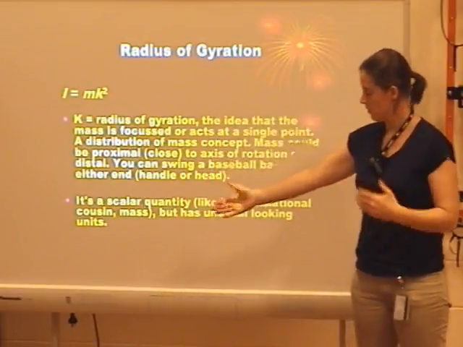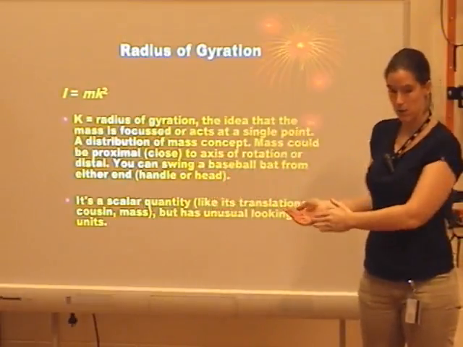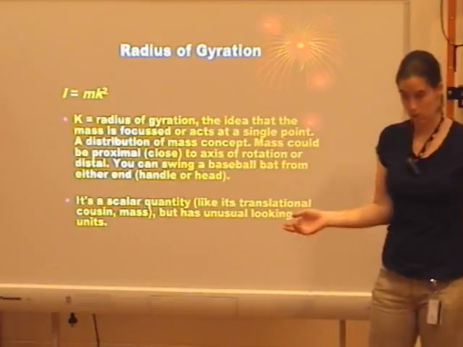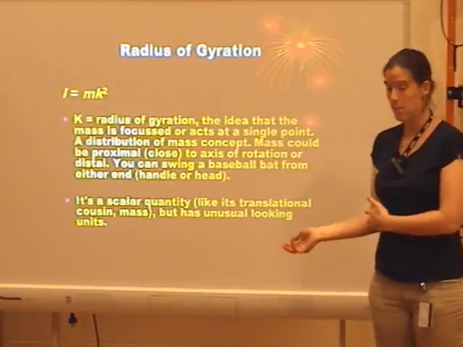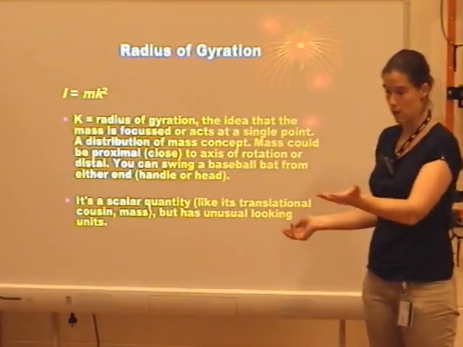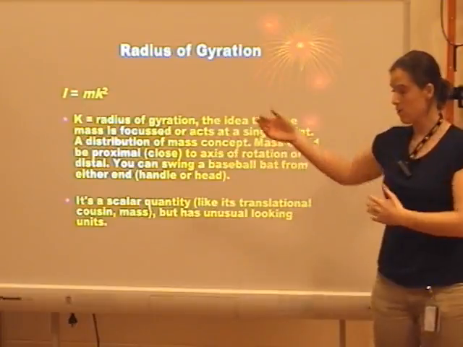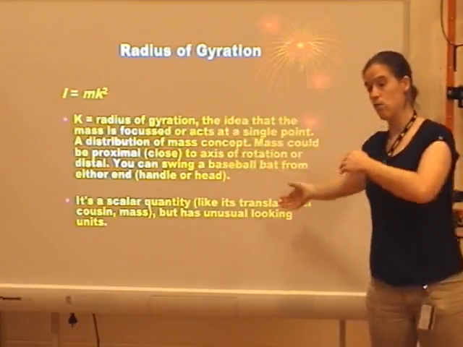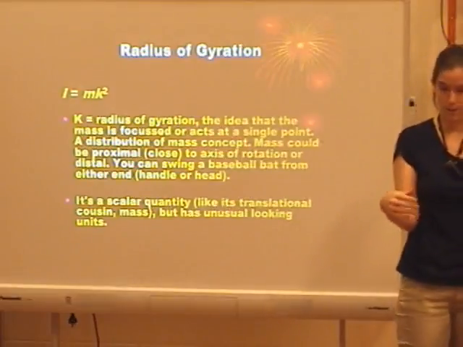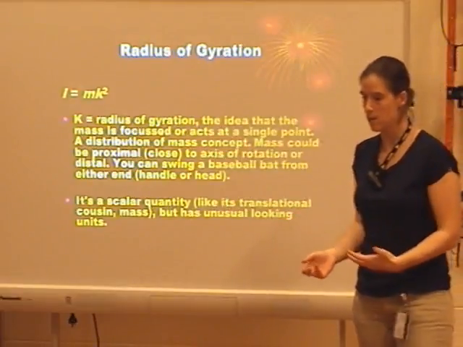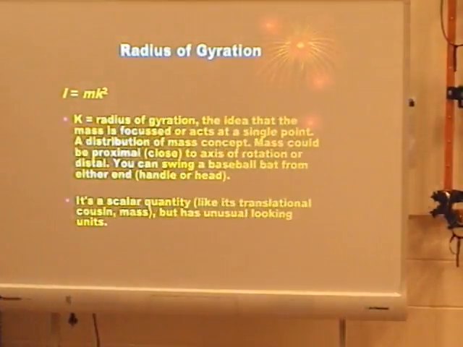Now, if you held your arm here and were throwing for distance, it would look kind of ridiculous, and you would get a much smaller rotational advantage because you don't have that lever arm. If you square that R, you get so much more power on the discus than if you try to flip it like this. So it has a lot to do with that R squared, or in the case of this one, K squared.